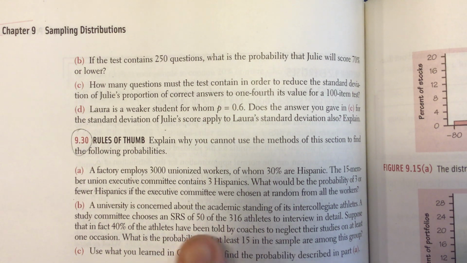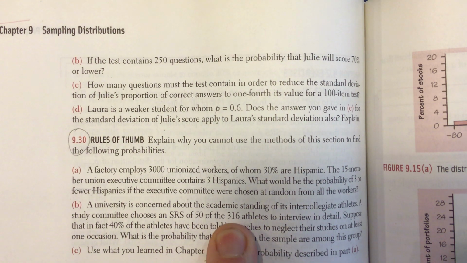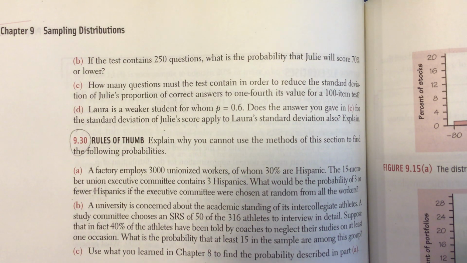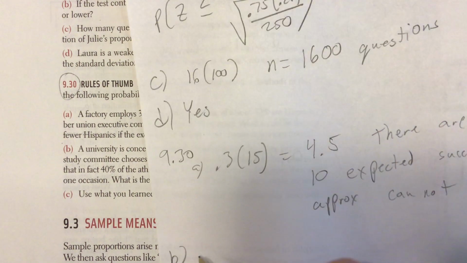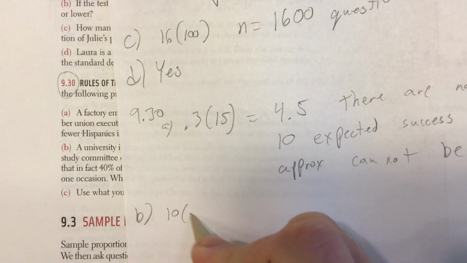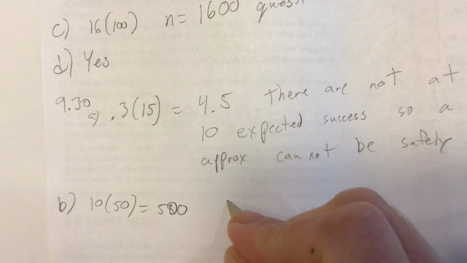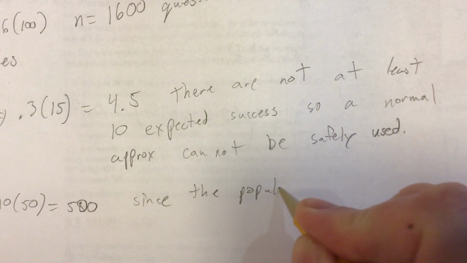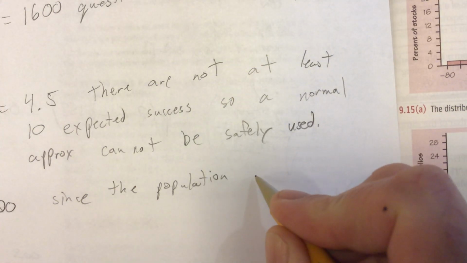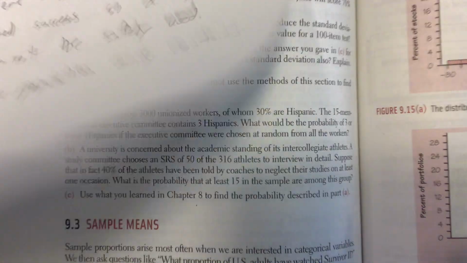Okay, so 10 times 50 exceeds the population size, so it is not safe to use our standard deviation formula. Oops, 500, since the population only contains, what was it, 316?